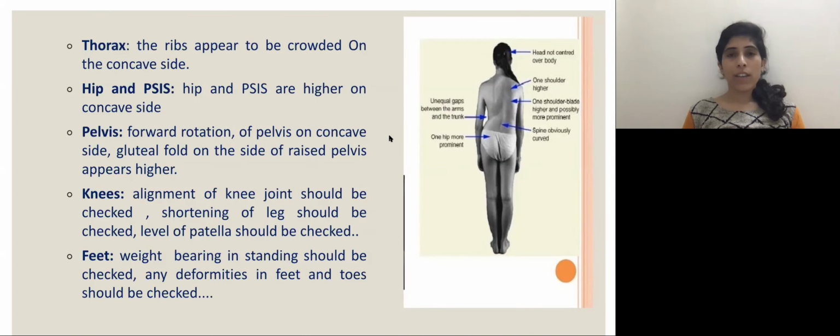Generally, on the concave side the ribs will be crowded. PSIS level will be checked. Generally, it will be higher on the concave side. Pelvis position, that is anterior tilting, posterior tilting, or whether it is in a high position, will be checked. Generally, the hip will get raised on the concave side.